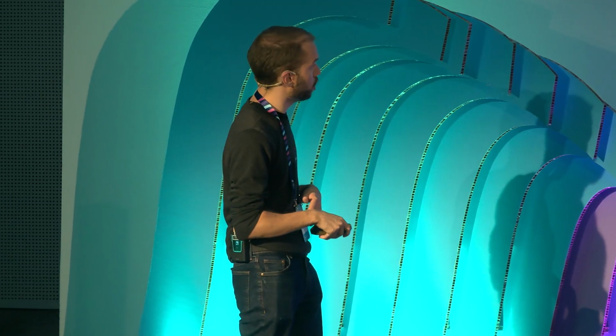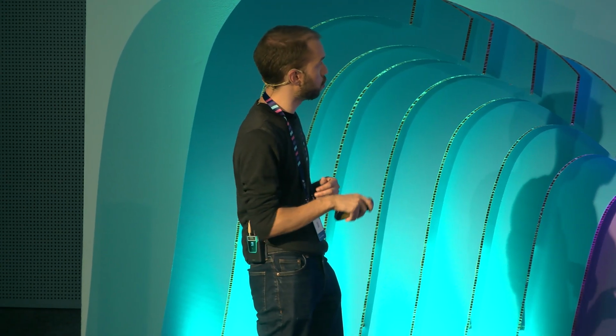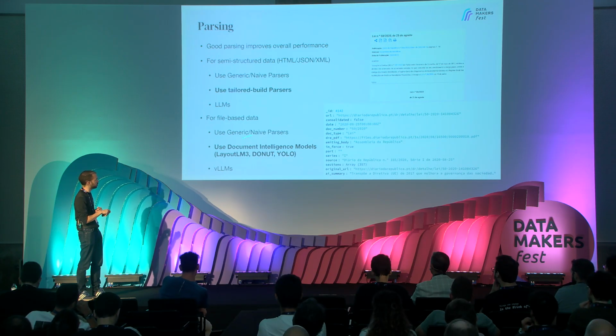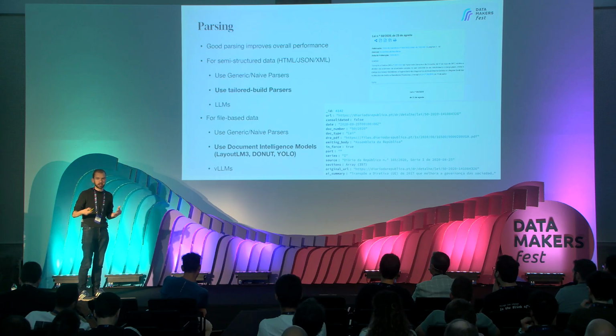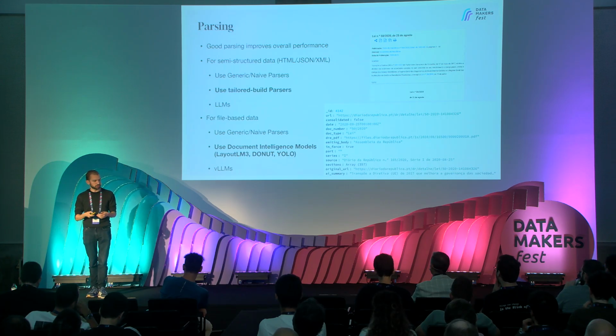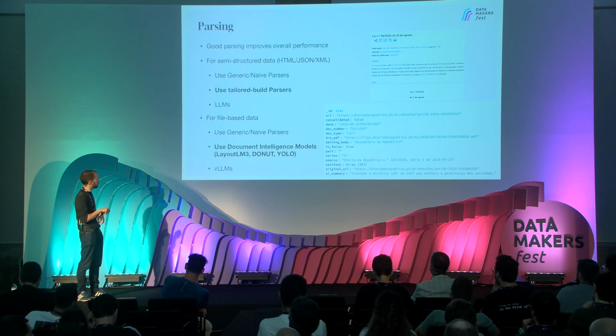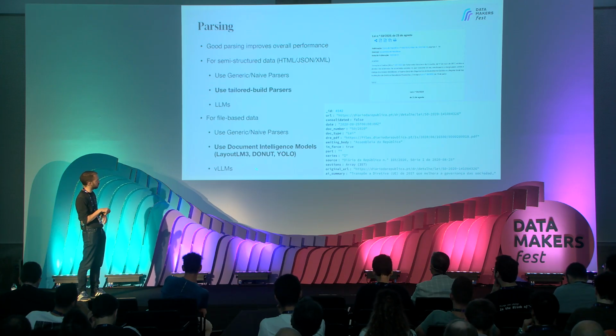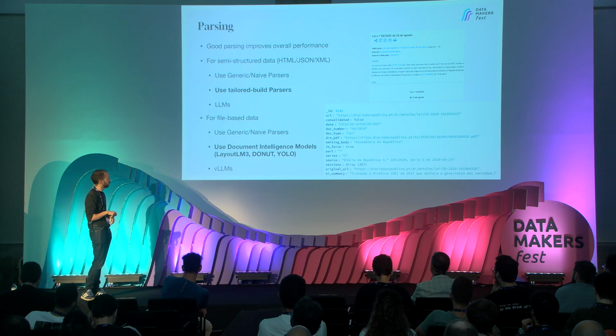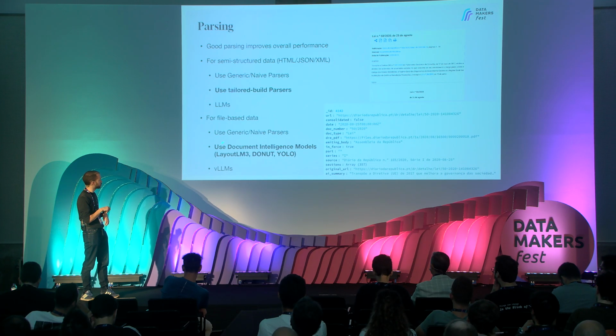So what we started doing was developing document intelligence models, basically doing layout understanding and extracting information from these files based on these models. So LayoutLM from Microsoft, also Donut, I think is from Microsoft, and YOLO. And this works pretty well.